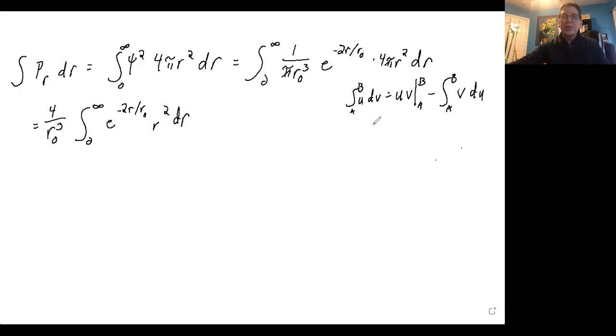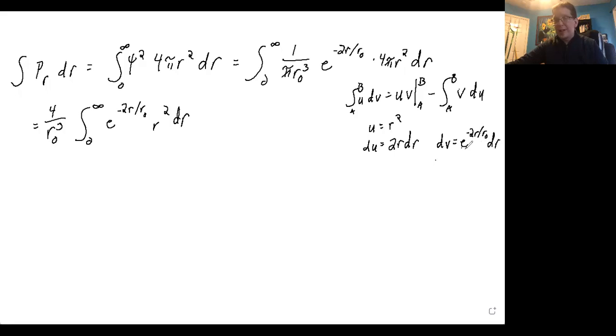So we're going to set u equal to r squared, so that du is equal to 2r dr. So then dv is equal to e to the negative 2r over r naught dr. Okay, and so we want v, so we integrate the exponential.